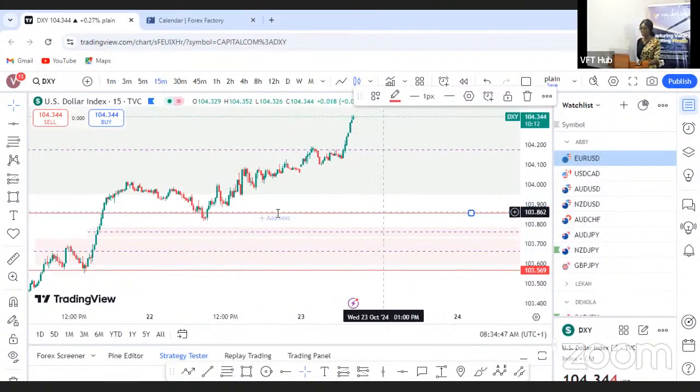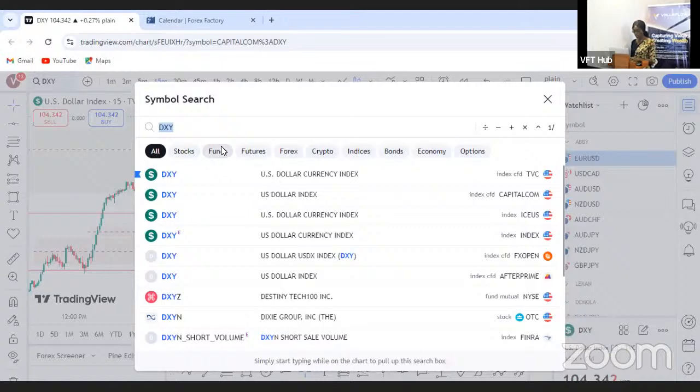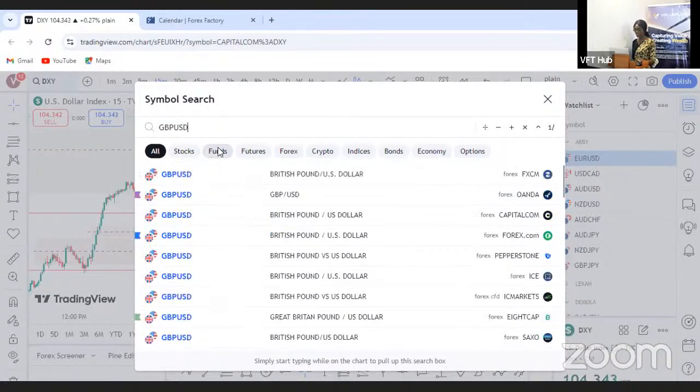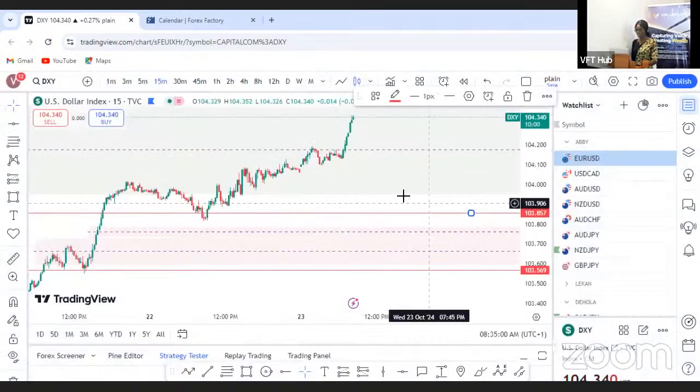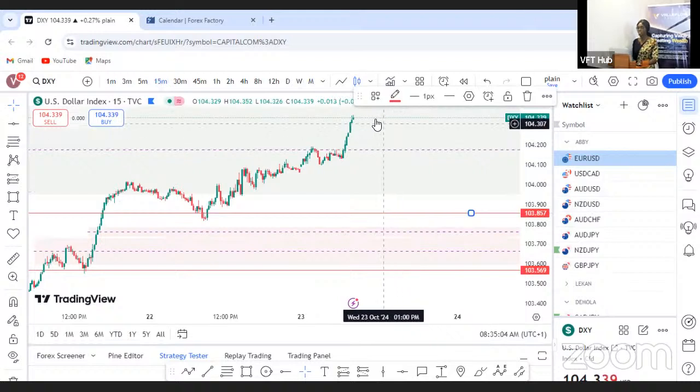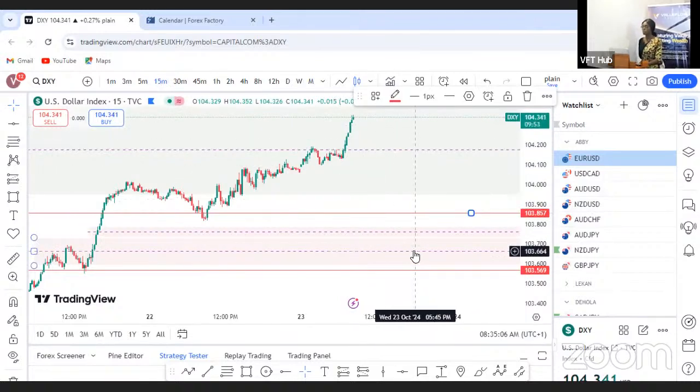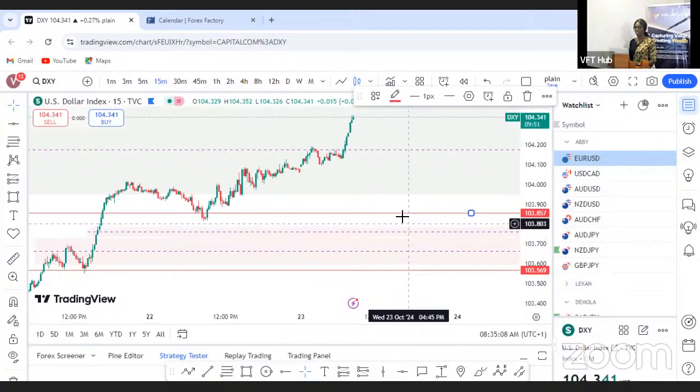So I want to see price returning into the shoulder, and then I continue my buy to the upside on the 15 minutes time frame. So if I will be calling out the price point, I want to take a buy on my 15 when I see price retracing into 103.857.